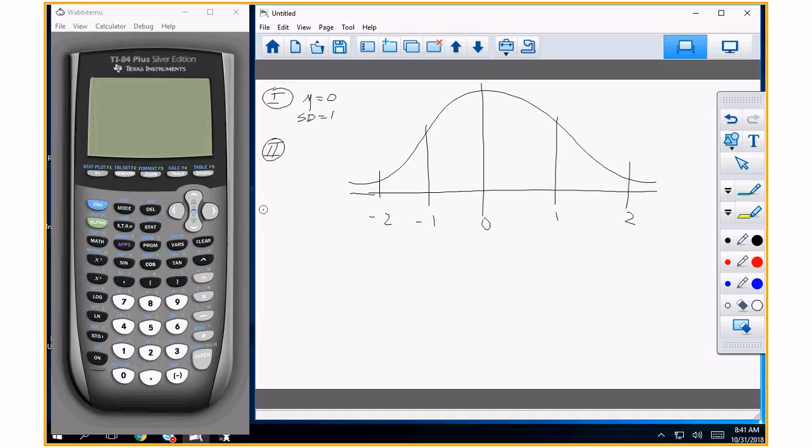So mu is going to be some other number not equal to 0, and some standard deviation not equal to 1, which means an example would be mu is equal to 100, and the standard deviation, that's supposed to be sigma, is equal to 25. So here, the standard deviation is 1, the standard deviation down here is 25. That's the difference in the 2 type questions.